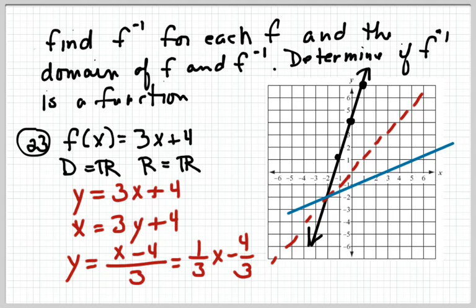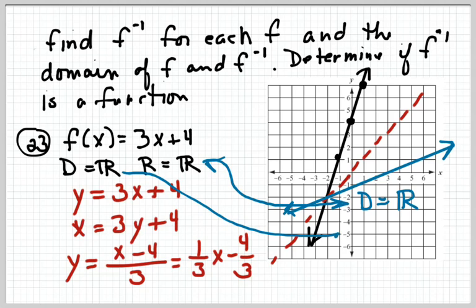It looks something like that right there. Let me put some ends on it because it goes forever that way and forever that way. And so our domain is all real numbers, and actually all we have to do is steal the range, because the range becomes the domain, and the domain of the original function becomes the range.